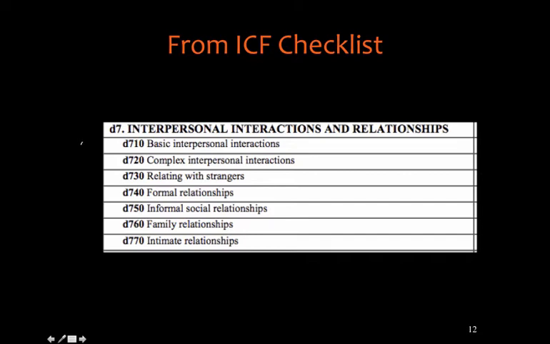these general topics of activities versus participation. I would see the capacity to participate in basic or complex interpersonal interactions, to relate to strangers, family relationships, all these kinds of things, as really all participation. These are areas of participation for a person in their life.